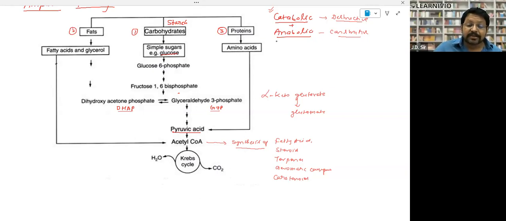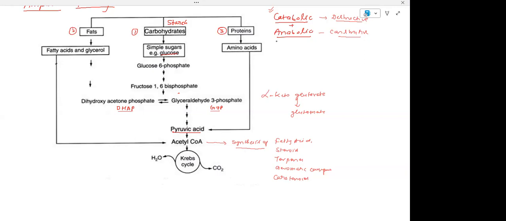So synthesis is also taking place due to the intermediary product of Krebs cycle. Destruction is also taking place. So both processes take place in Krebs cycle, synthesis as well as destruction. So we cannot call Krebs cycle purely a catabolic pathway. We can call it amphibolic. Is it clear or not? Yes, sir. Martin, is that clear?